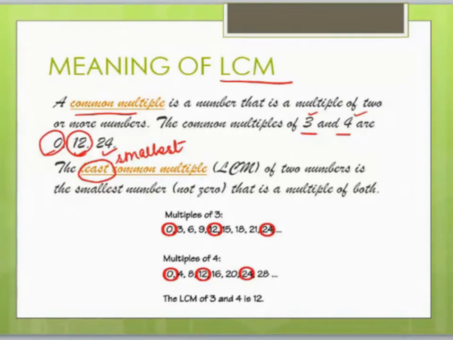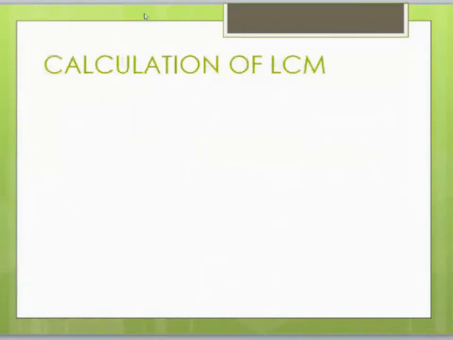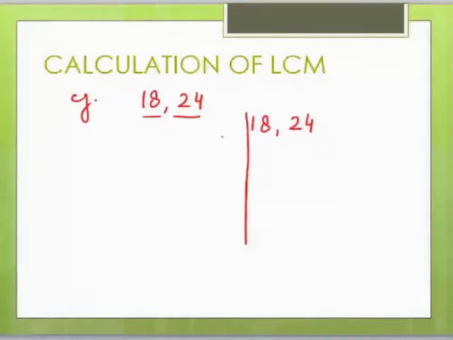Now children, let us see how we calculate these without actually listing the numbers. Suppose I take the example of two numbers, 18 and 24, and I want to calculate the LCM of these two numbers. What we have to do is make a column which is common for both the numbers. I will not make the columns separately. And now I'm going to do the prime factorization of these numbers together.